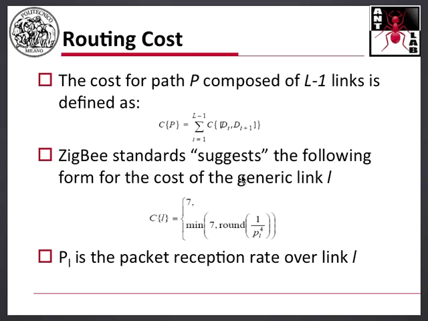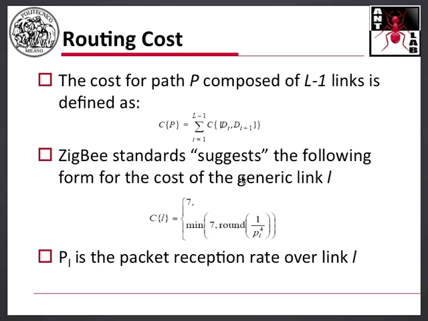The second proposal for assigning cost to links is given by this expression here, which depends on P of L, which is exactly the packet reception rate over that link. So the first metric is quality agnostic: it just counts up the number of links in one path.